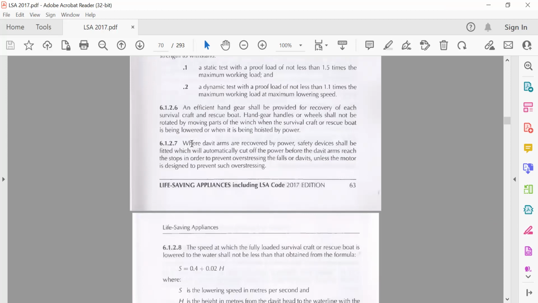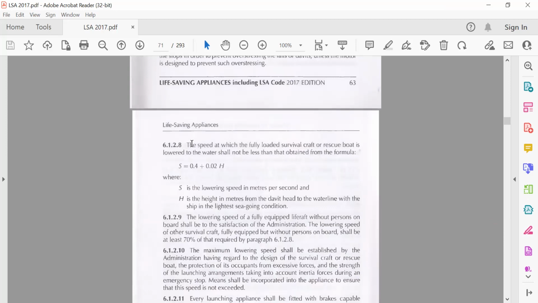So I'll move on to 6.1.2.8. This one does not really affect us because this requirement is for the manufacturers. You have the speed and the height there, right? So this is basically for those that are building these motors. These are the requirements that they must follow. When building these things, it's not just some vessels that are avoided.